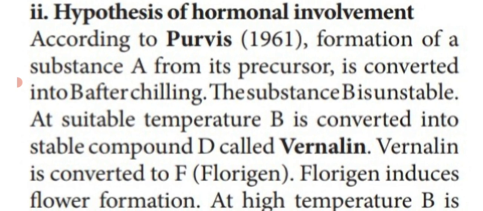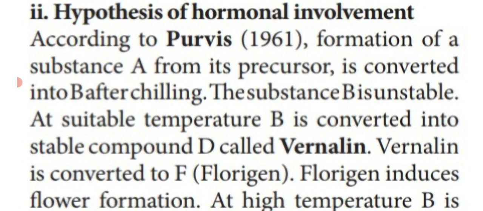Second one, hypothesis of hormonal involvement. It was proved by Purvis in the year 1961. A substance A is formed from the precursor, that means forefather or ancestor, and it is converted into another form, B, after chilling.